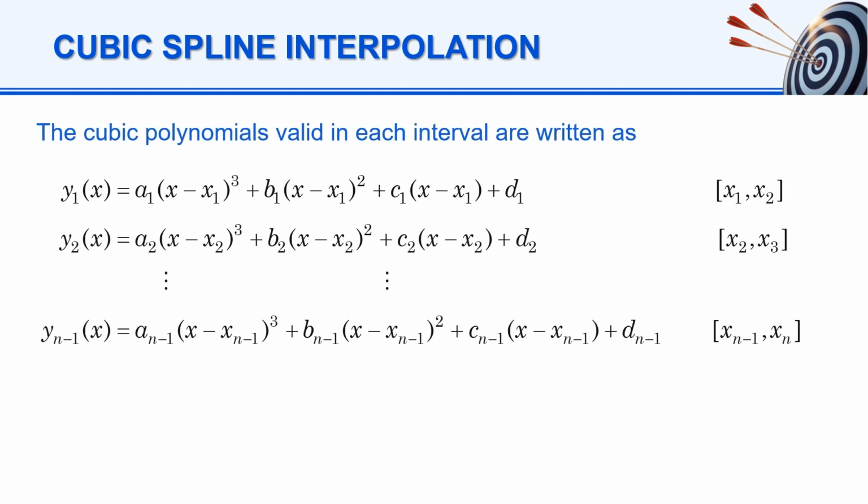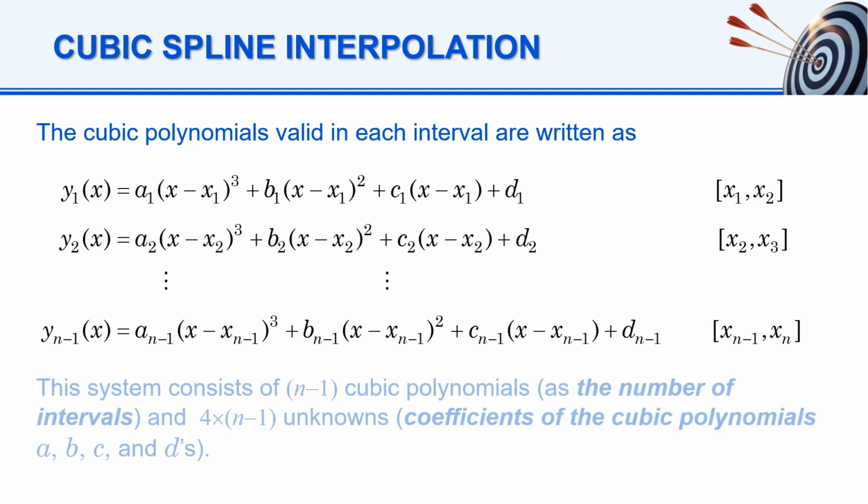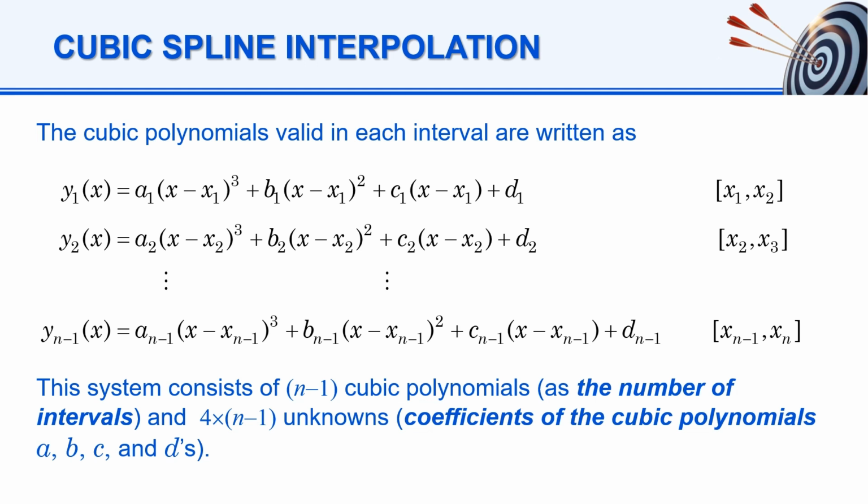For each interval between two adjacent data points, cubic spline interpolation fits a cubic polynomial. The cubic polynomials for each interval are written as follows. This system consists of n-1 cubic polynomials, as the number of intervals, and 4 times (n-1) unknowns, which are the coefficients of the cubic polynomials, i.e., the a, b, c, and d's.